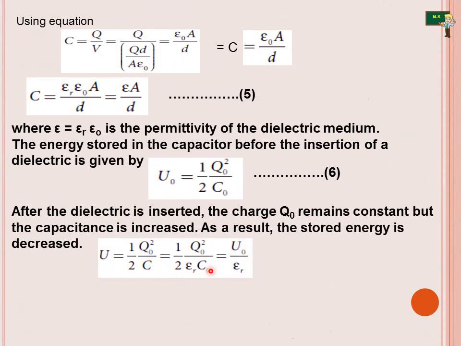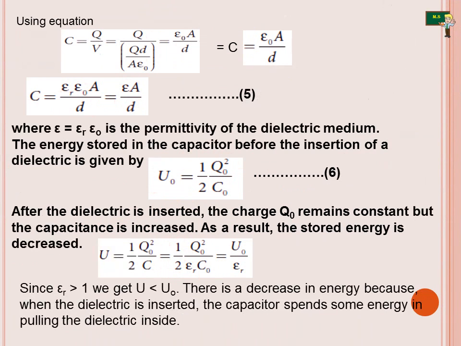And we can replace this term, U naught, which is equal to 1 by 2 Q naught square divided by C naught, here for these terms, except the epsilon r. So U is U naught divided by epsilon r.